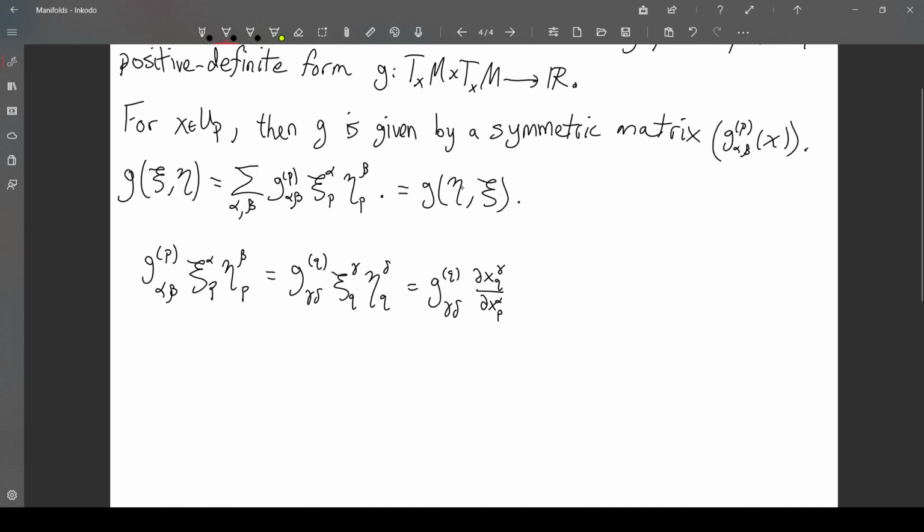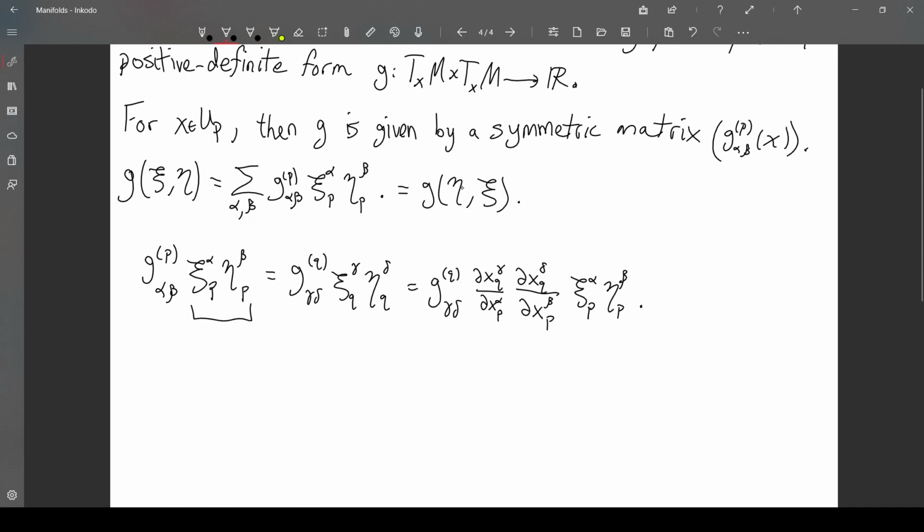That's why I'm not writing these summation signs everywhere, because it just gets redundant. Anyway, when we transform the eta vector, we get dx delta_Q over dx beta_P.